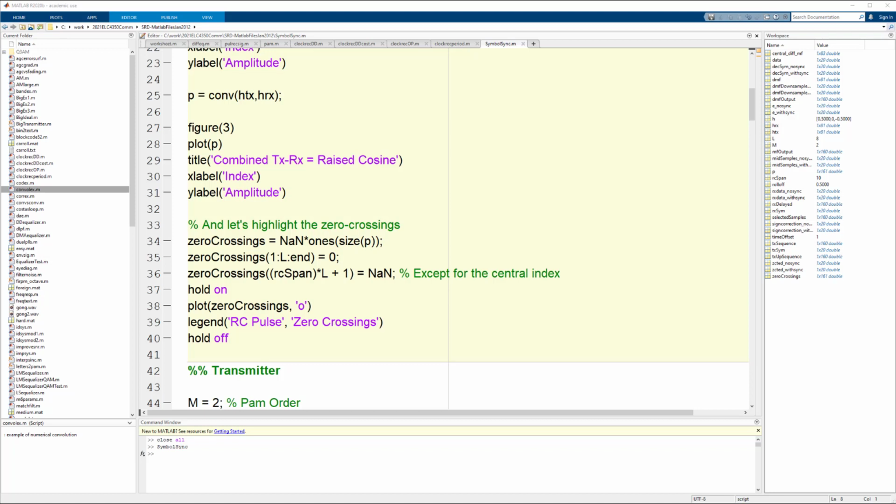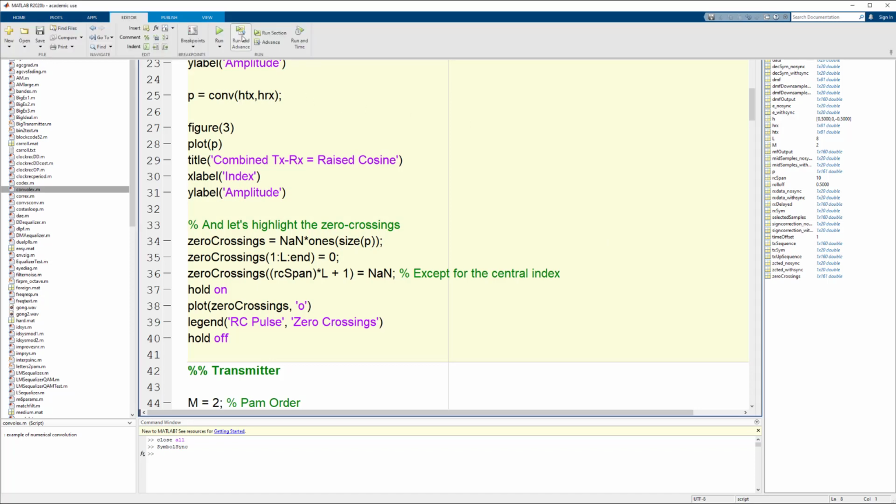Therefore, on line 34, we define a zero crossing vector with all non-applicable variables. Then on line 35, we insert all these L-spaced zero crossing samples with zeros, and draw that on the same plot. Let's run this portion.